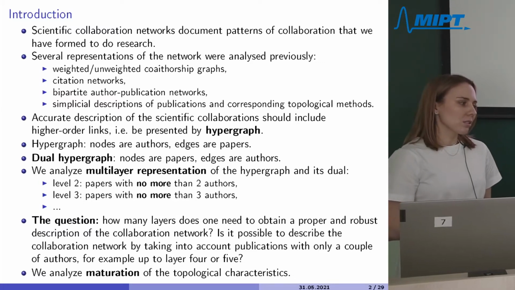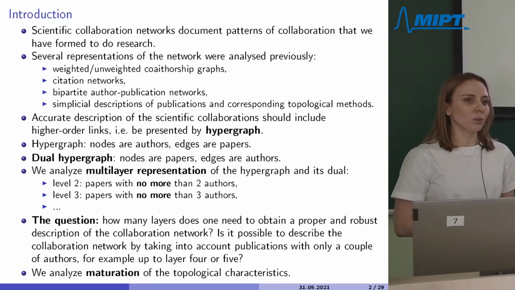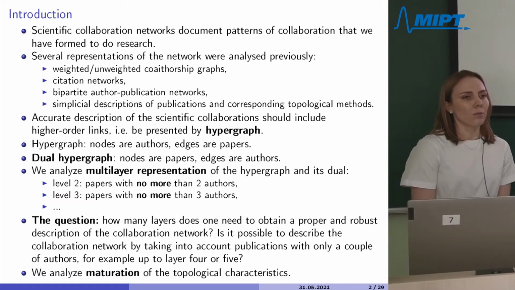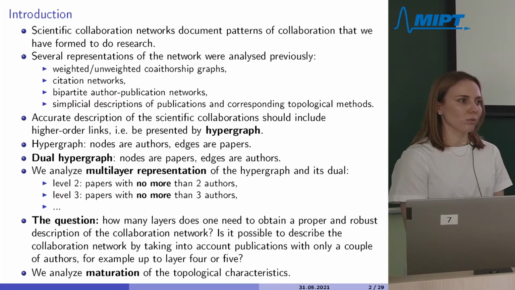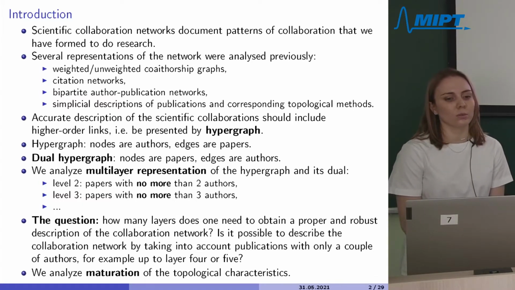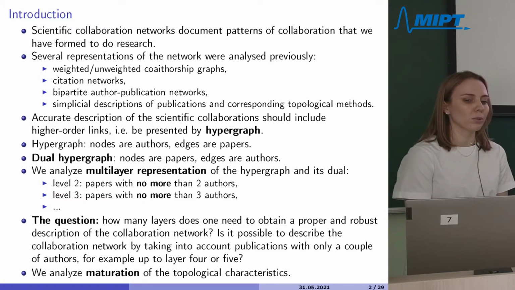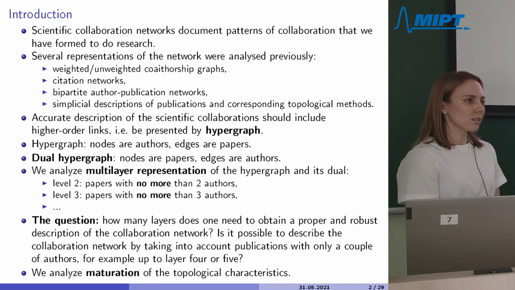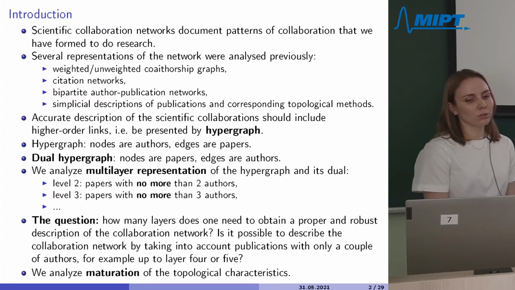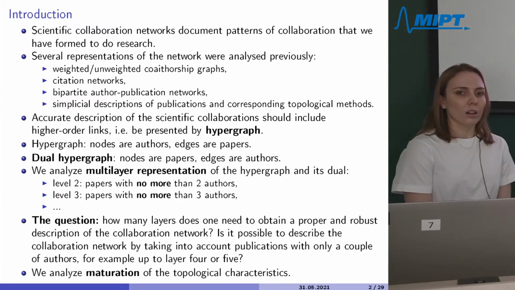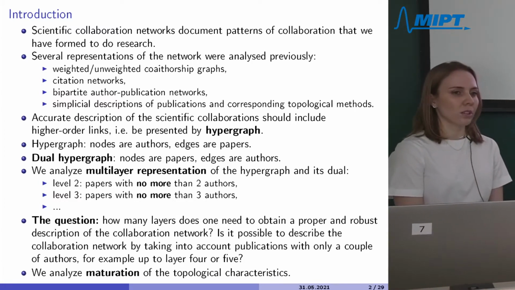In this paper, we analyzed the multi-layer representation of these objects, the primal hypergraph and the dual hypergraph, and this multi-layer representation is built in the following way. We start from the second layer.